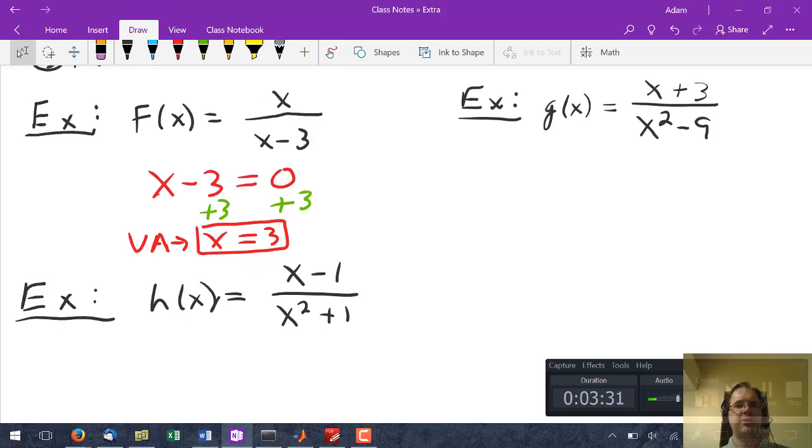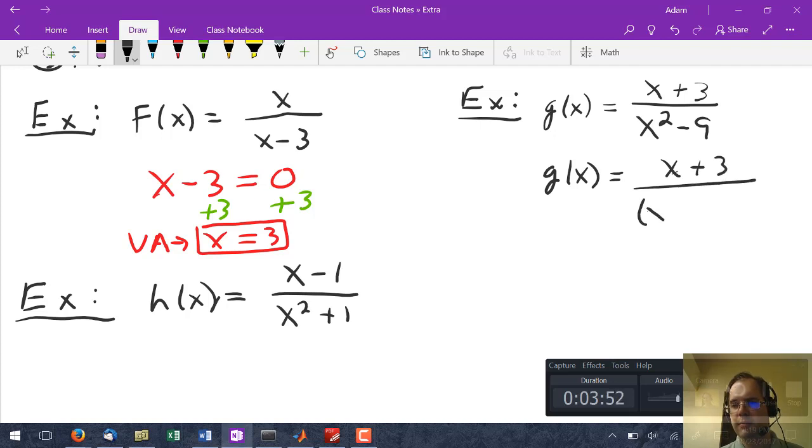If you want to take just a second to look at it, how do you factor that denominator? It's a difference of squares, and we could factor this as x minus 3 times x plus 3.